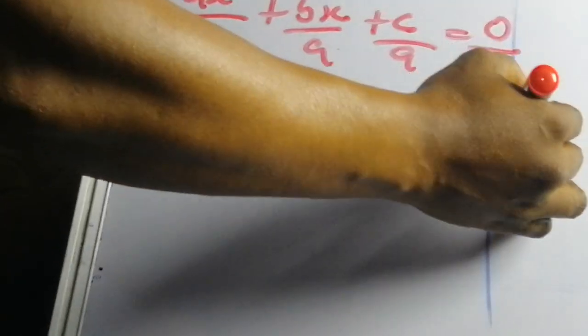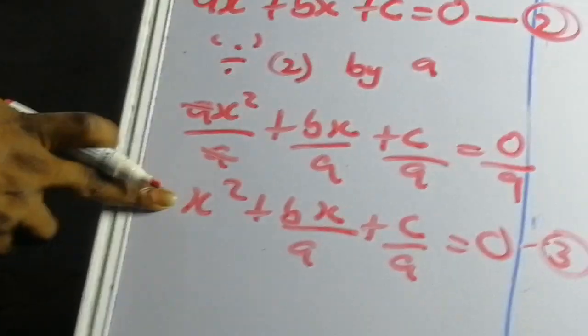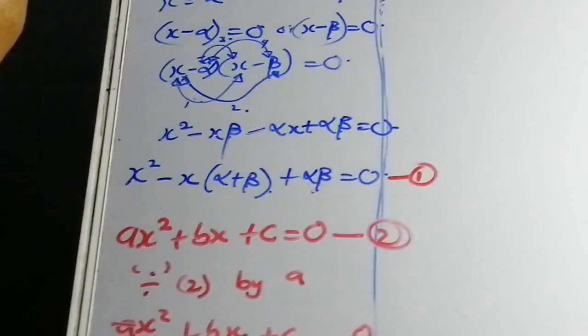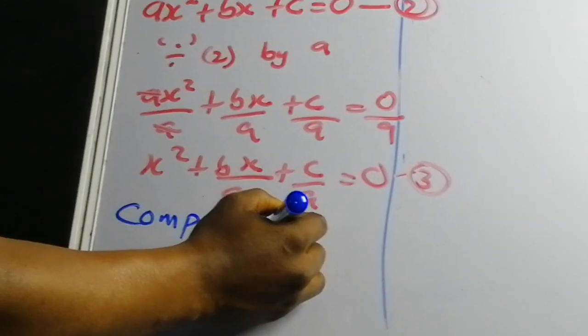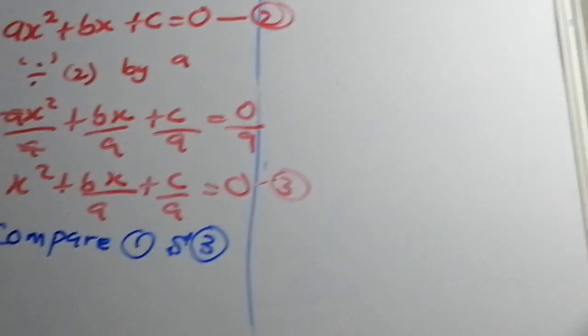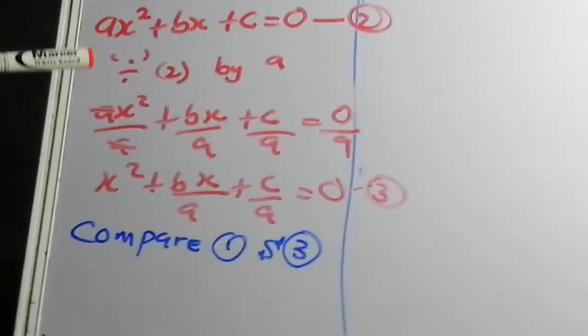So if you look at this equation 3 now, which is the same thing as equation 2, this place is now 1, 1. If you compare, now the last thing you will now do here is to what? Compare 1 and 3. Okay, so we are comparing 1 and 3 for sum of the roots.